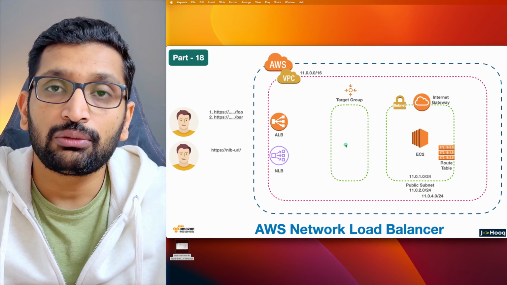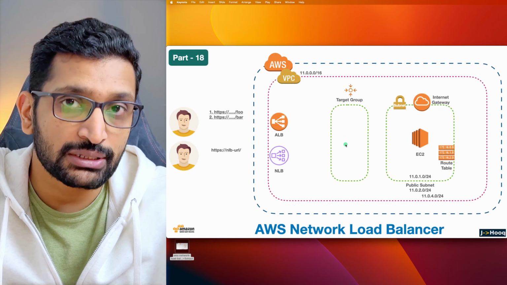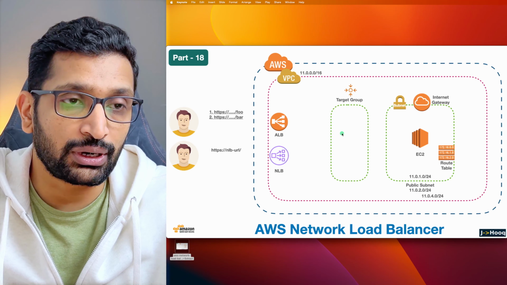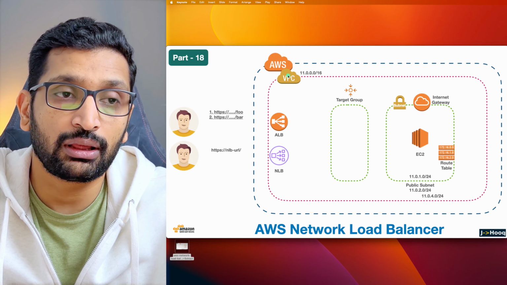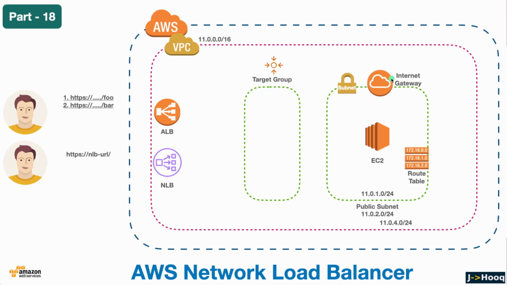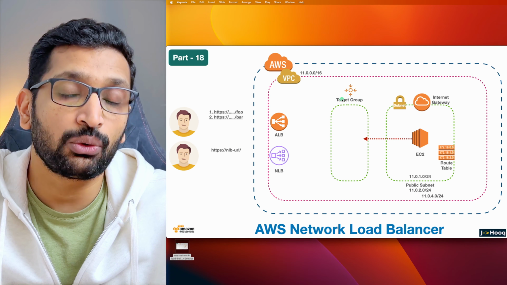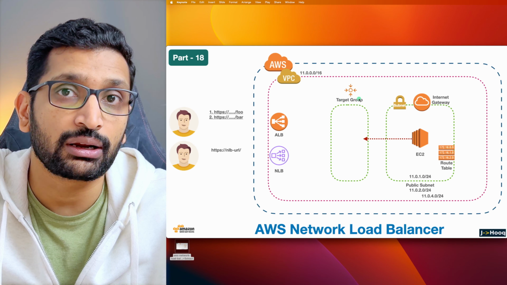We are just going to break down this whole layout into bits and pieces, and implement each component. So on a crux level, we are going to set up a VPC. We are going to set up a subnet. Inside the subnet, we will have an internet gateway, route table, and EC2 instance. And for that EC2 instance, we will be creating a target group so that load balancers can point to this target group.